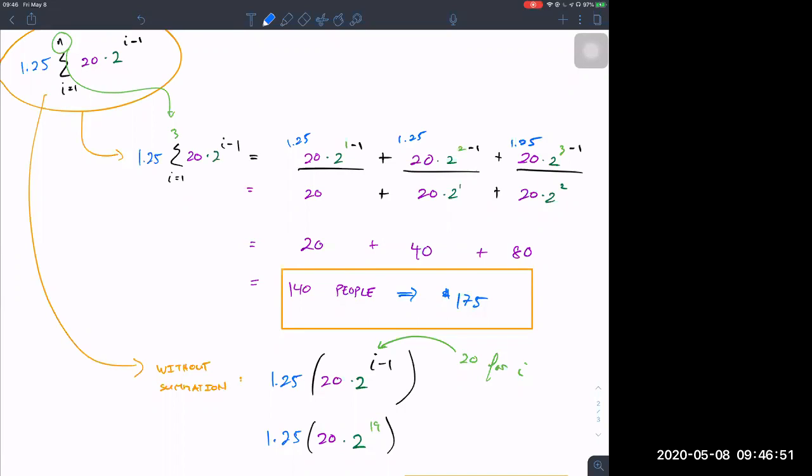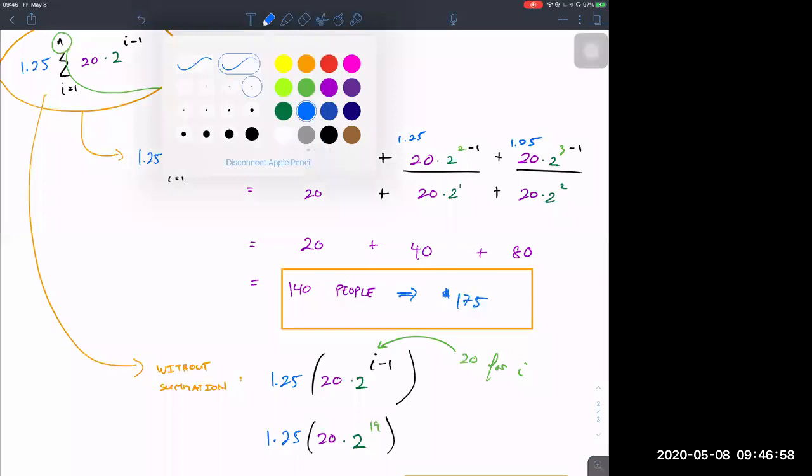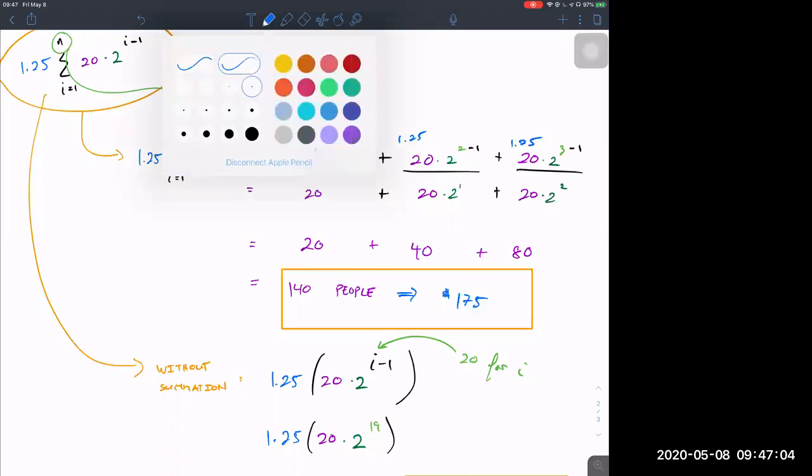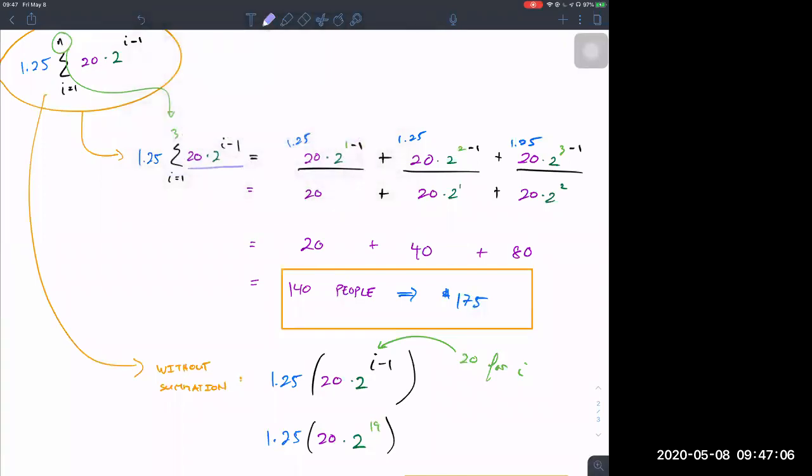And the reason that the 1.25 is in front of the summation is that the way summations work is that you do all calculations pertaining to the summation first. Everything that follows, you do all this first. Once you get that number, which corresponds to this, then you can do the multiplication of 1.25.